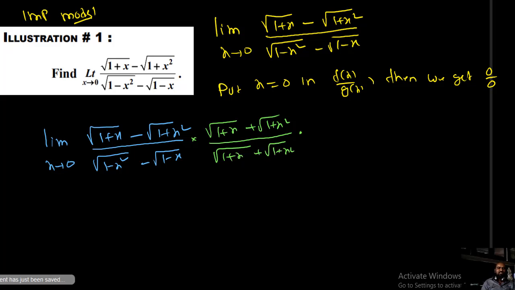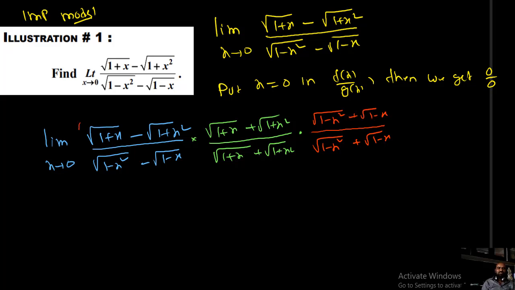Now I want to rationalize the denominator, student. So that's why what I should write here is root 1 minus x square plus root 1 minus x, and should multiply with the same, root over 1 minus x square plus root over 1 minus x. Okay.